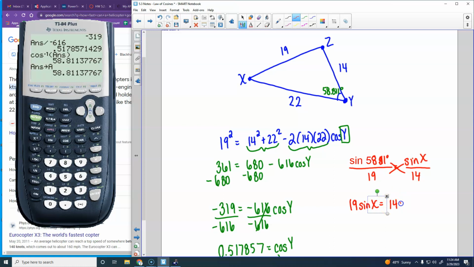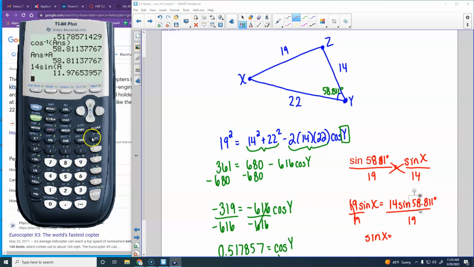So sine X equals 14 sine 58.811 degrees divided by 19. It's going to give us 0.6303.